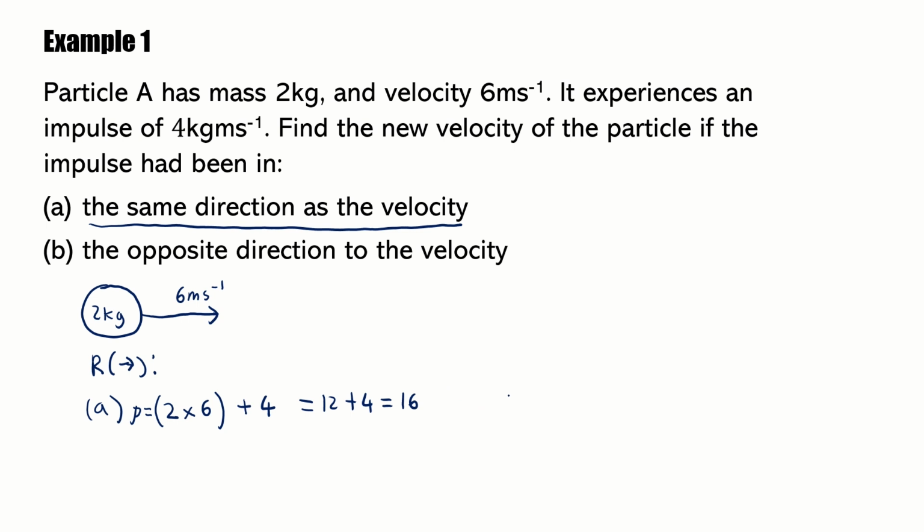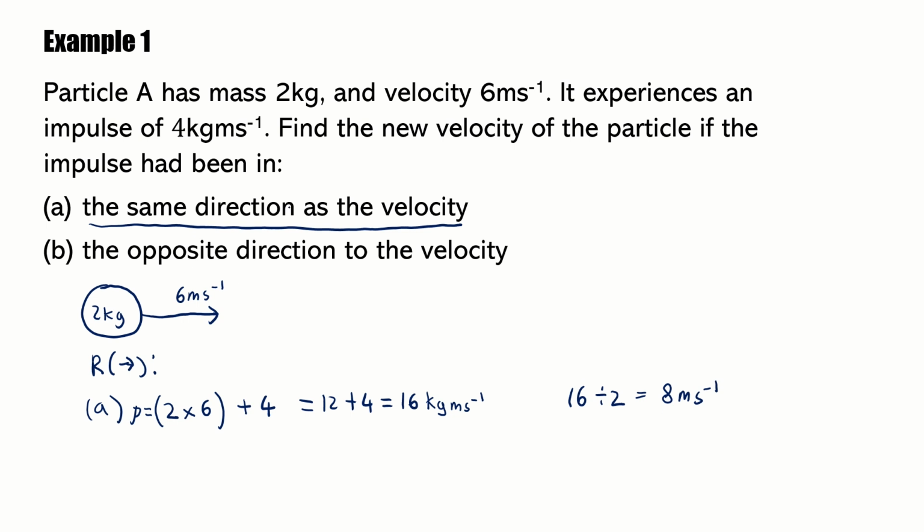So we realise that momentum is equal to mass times velocity. This value of 16 is the new momentum the object has. So all I've got to do is 16 divided by the mass of the object to work out its new velocity, which is therefore, in this scenario, 8 meters per second.